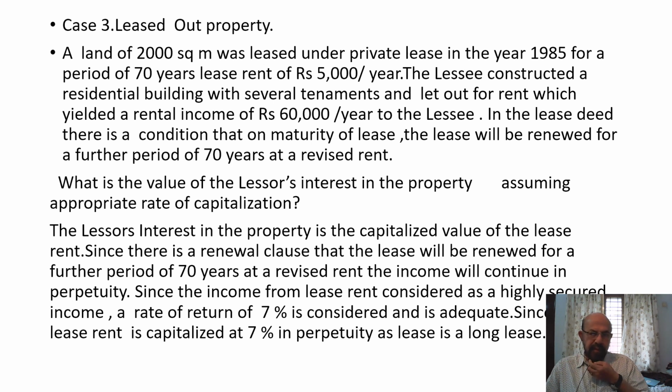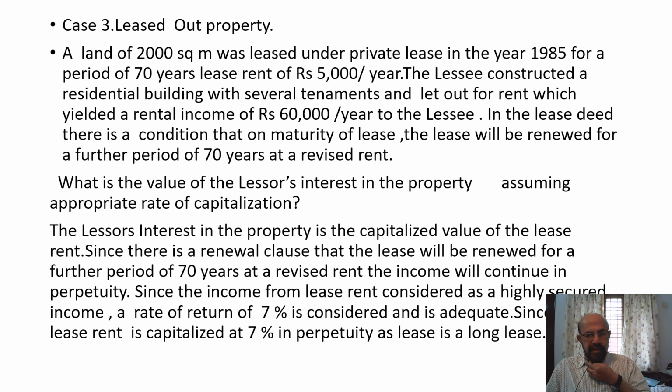Case 3. Leased out property. A land of 2000 square meters was leased under a private lease in the year 1985 for a period of 70 years. Lease rent is rupees 5,000 per year. The lessee constructed a residential building with several tenements and let it out for rent, which yielded a rental income of rupees 60,000 per year to the lessee.